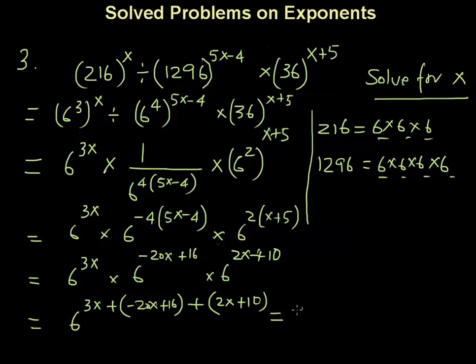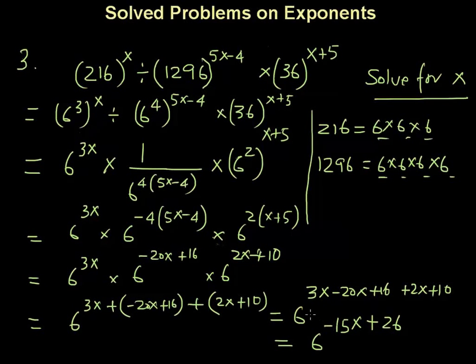So that gives me 6 to the power, I add all these three powers, 3x minus 20x plus 16 plus 2x plus 10, and that is equal to 6 to the power minus 17x and then plus 2, so minus 15x, and then 16 plus 10, so plus 26. So that's your final answer.